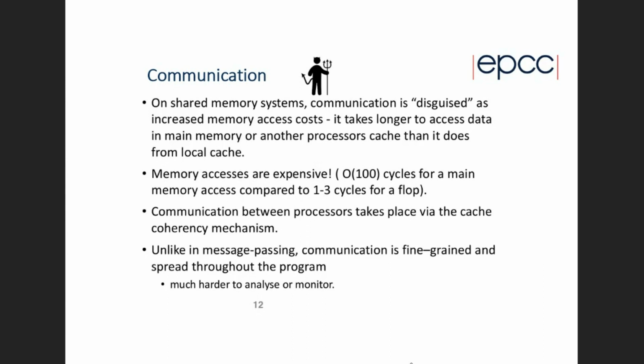Obviously there are some subtleties there. You don't know exactly when data is going to be sent, but you can at least look at your program and easily understand where communication is happening, because it's all inside the MPI library somewhere.